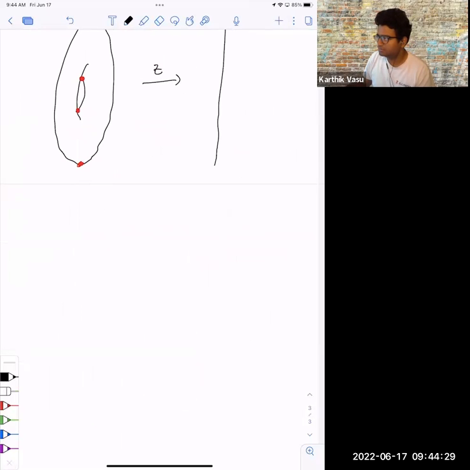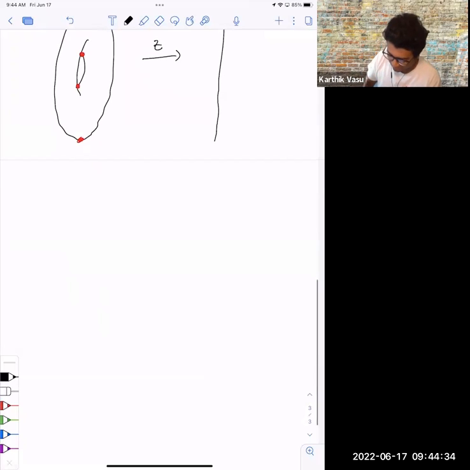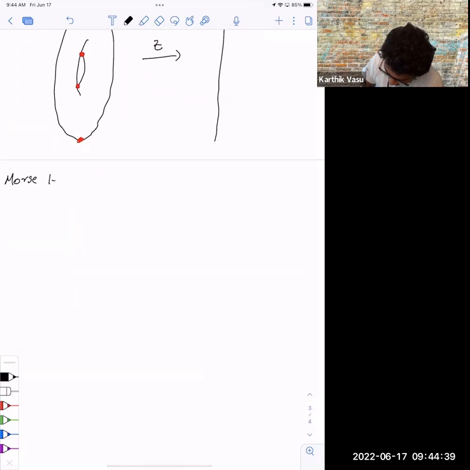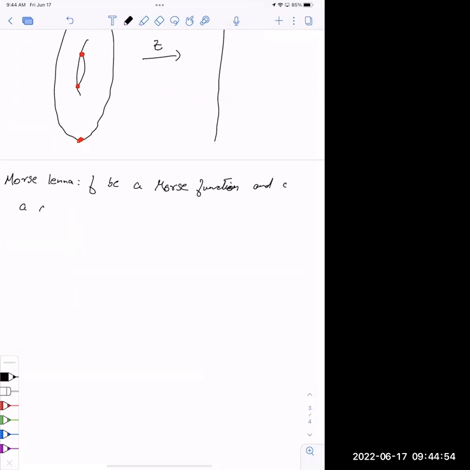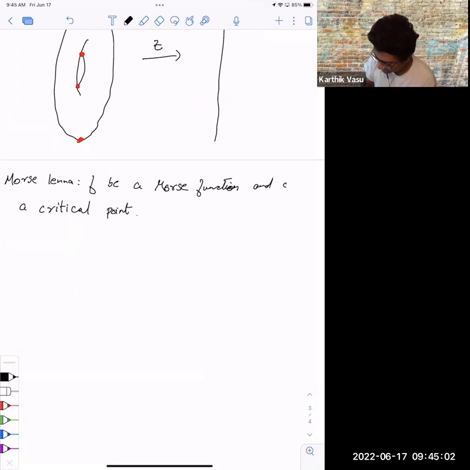Okay, so now if we have a Morse function, there is a very nice local picture for this Morse function. That is the Morse lemma. Let's say f is a Morse function and c is a critical point.